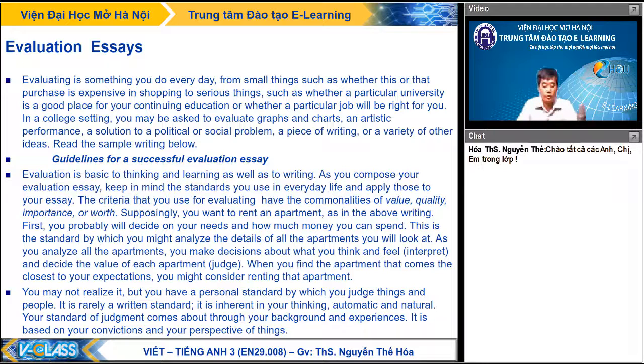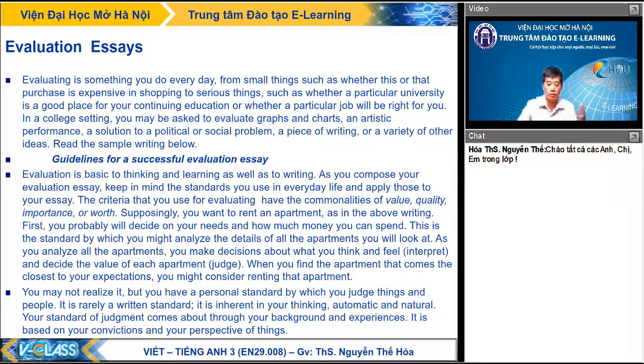The criteria that you use for evaluating have in common words like value, quality, and importance.